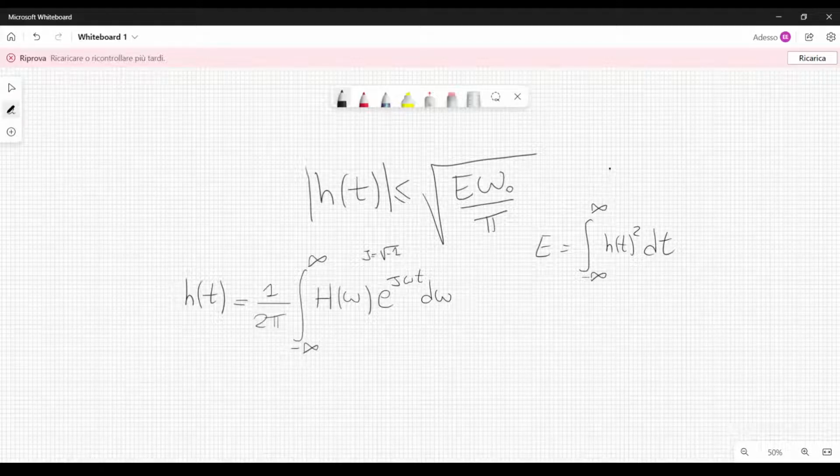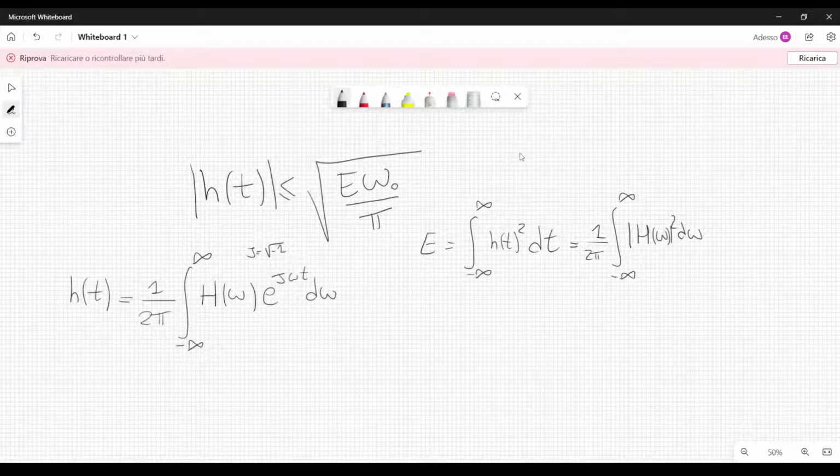This is how we define the energy of this signal, which we can show to be equal to 1 over 2 pi integral from minus infinity to plus infinity of the magnitude of H of omega squared d omega. We can write it in two different ways, because this equality is due to the so-called Parseval's theorem. And I will write it here. But we can derive this quite easily. It's not complicated to derive that.